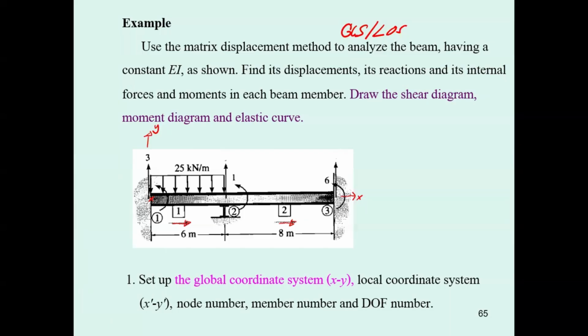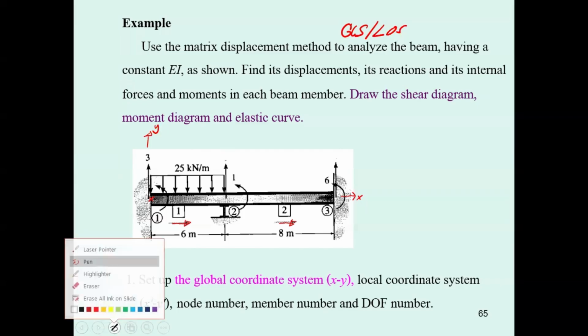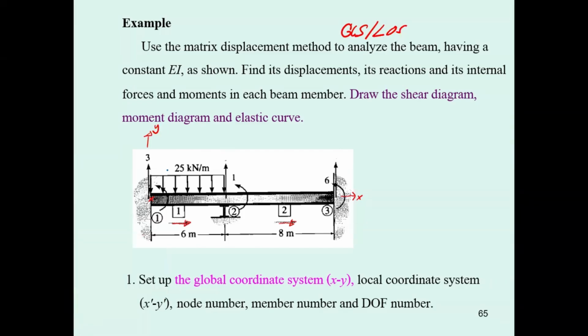If the problem skips the numbering of the degrees of freedom like this one, you should know that degrees of freedom separate into constrained degrees of freedom, and this is constrained, fixed end, this is constrained, roller, and this is constrained, and this is constrained. There is only one free or unconstrained degree of freedom. This is going to be 1.